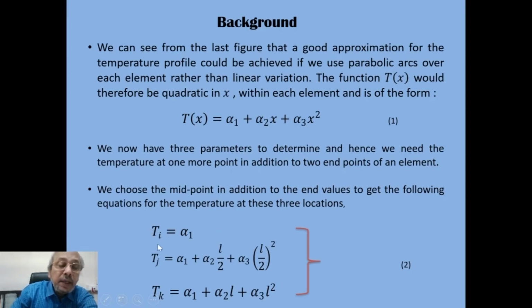Here directly we can see Ti equal to alpha 1. Then we can substitute this alpha 1 in second equation by Ti, and in the third equation also alpha 1 by Ti. Then we will have two equations in Tj and Tk, two unknowns, alpha 2 and alpha 3, and we can find out alpha 2 and alpha 3.